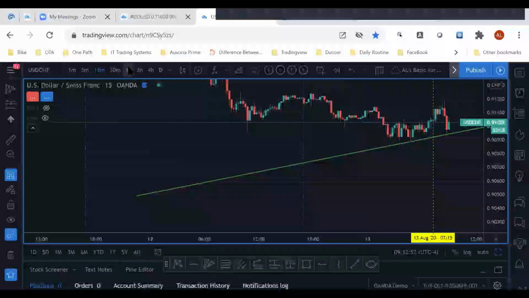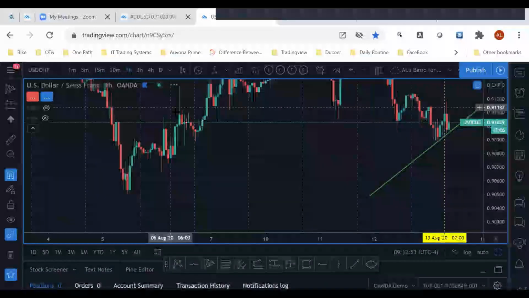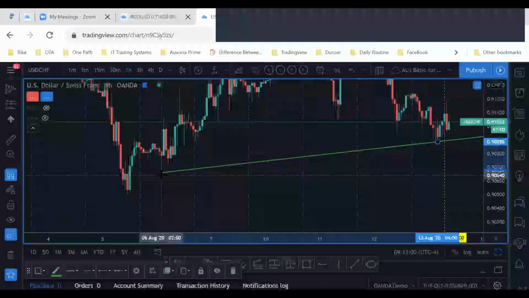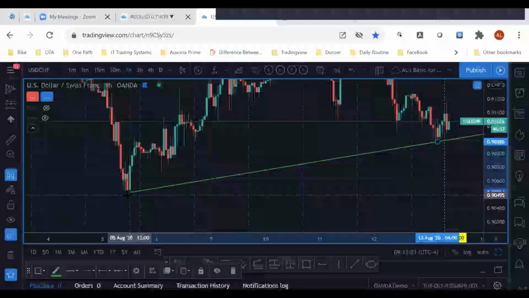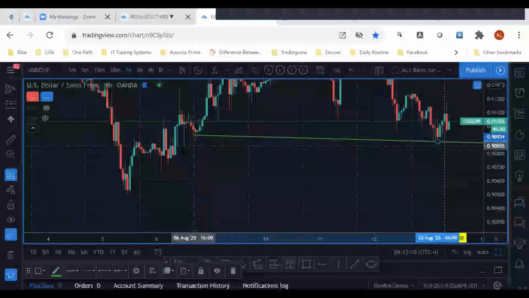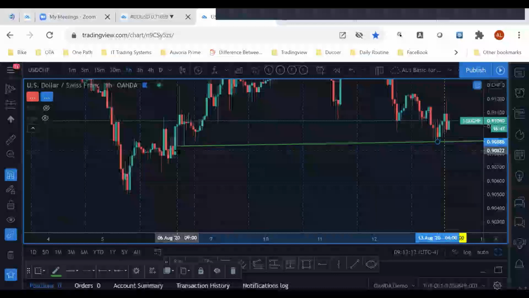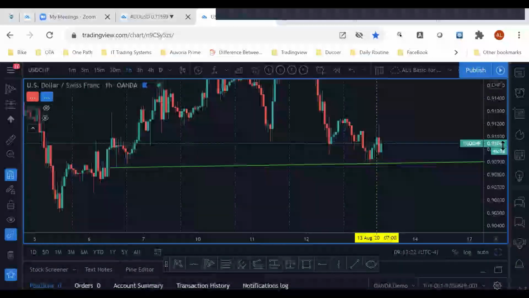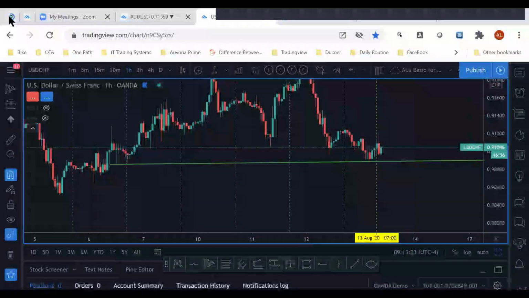Come to a higher time frame. Actually, it almost looks like we need to sort of respect this is going to be a flat line there. It was an ascending wedge.